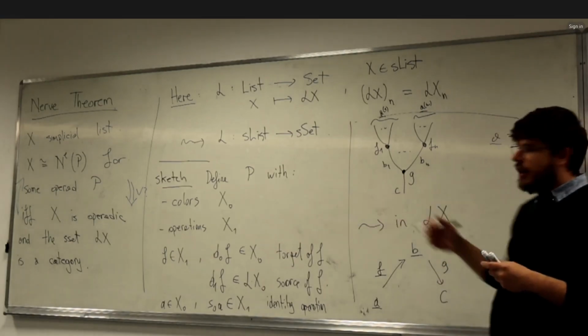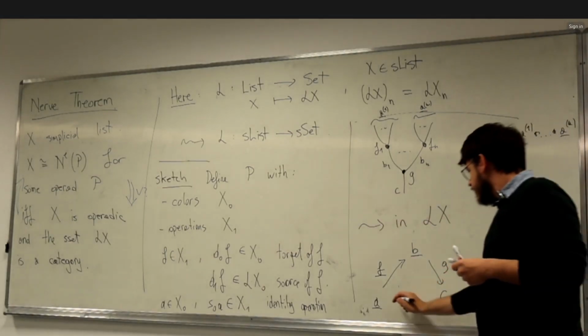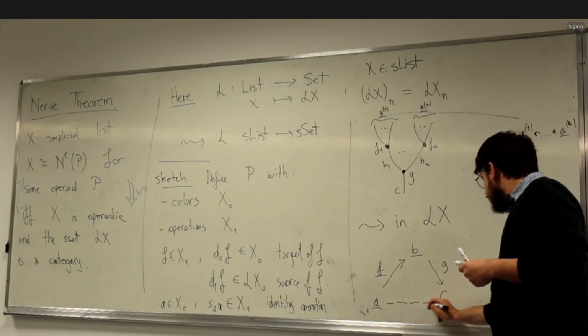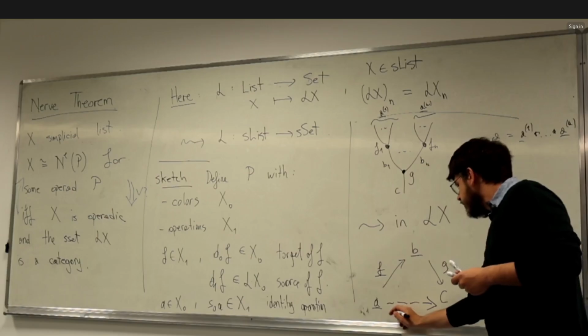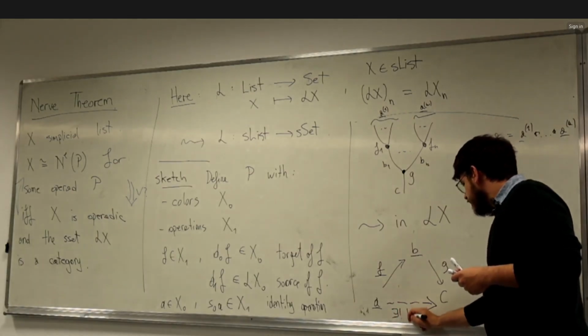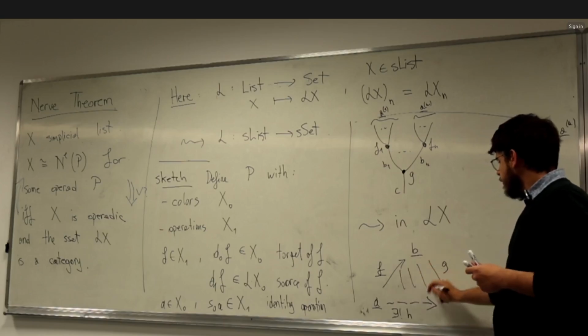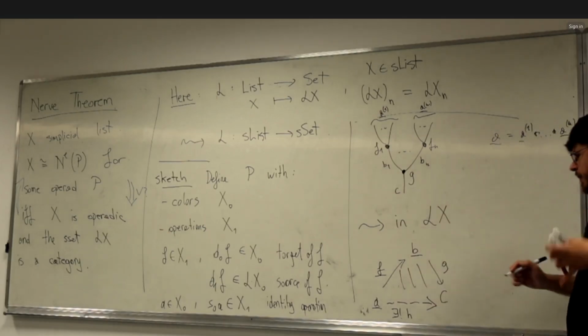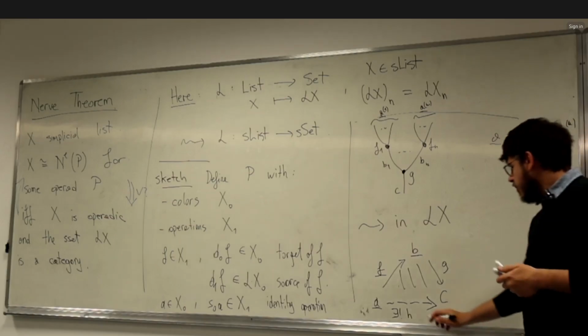But I know that L x is the nerve of a category. So I can always provide a composite here. So there is a unique H here such that this is a two simplex. And so this is how you define the composite.